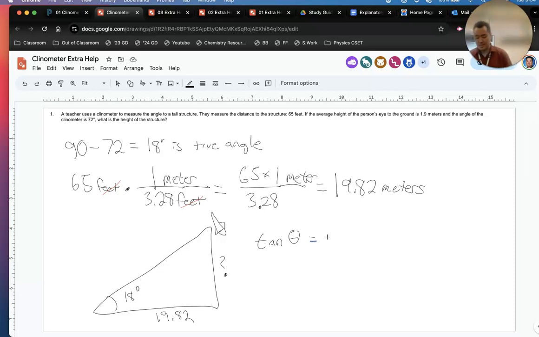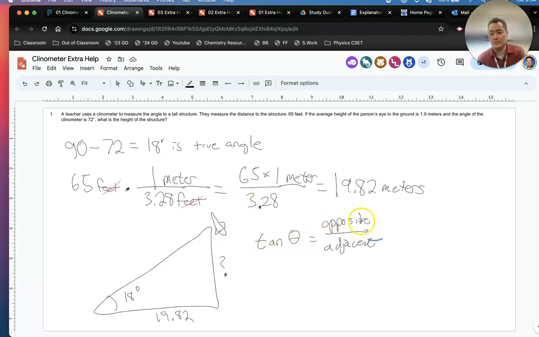So tan theta equals opposite over adjacent. Now, this is a math formula that is taught in many math classes.